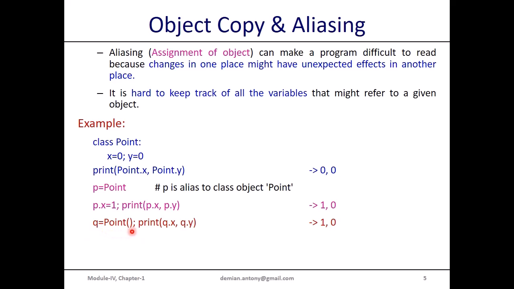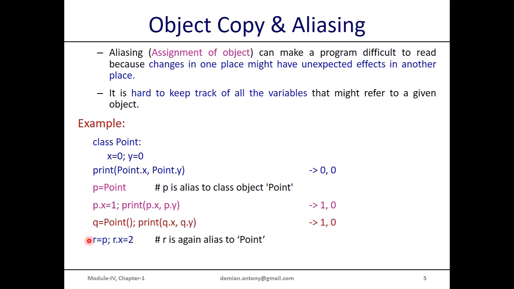As a programmer, I wanted Q to have the value 0, 0, but I am getting 1, 0 because of this alias, that is P, being created and then the value of x is being modified through P, not directly with the class object Point. So this is one unexpected, undesired result that we get.